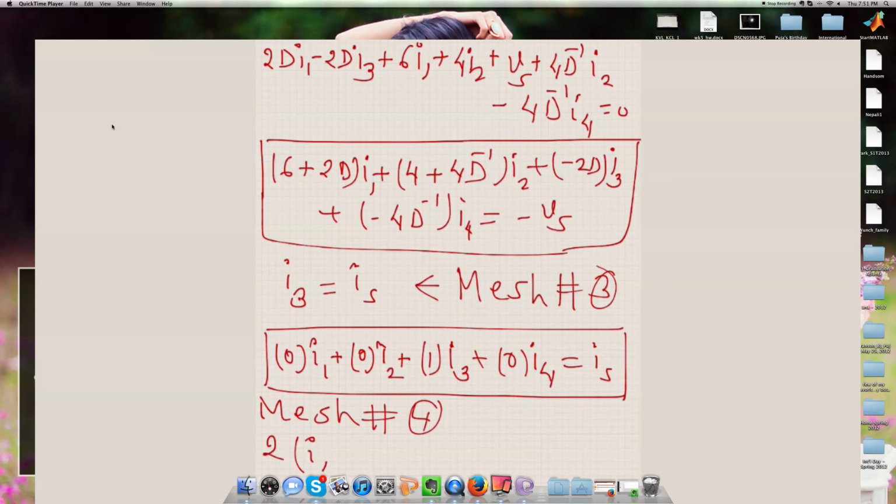We are in mesh number 4, remember that? And the house rule dictates whichever mesh we are in, the current in that mesh prevails over everything. Plus the voltage across the 0.25 farad capacitor is 1 over 0.25, that's a 4, and D minus 1, the balance current, which is I4 minus I2, again applying the house rule, equals 0.